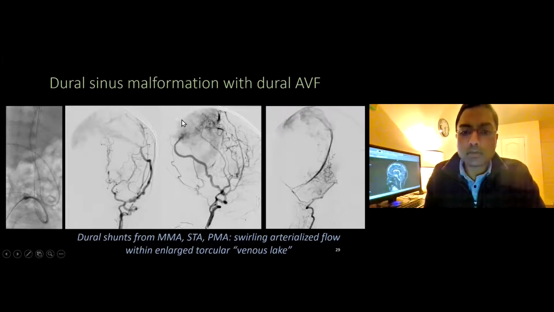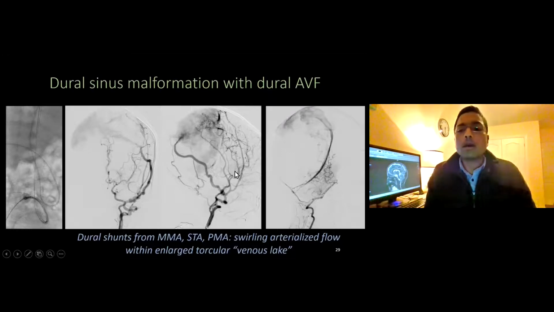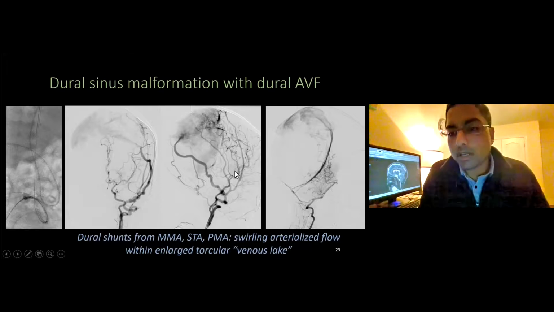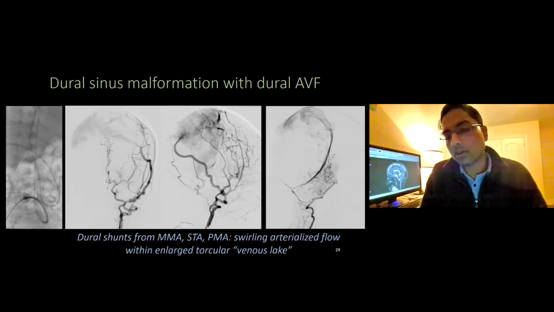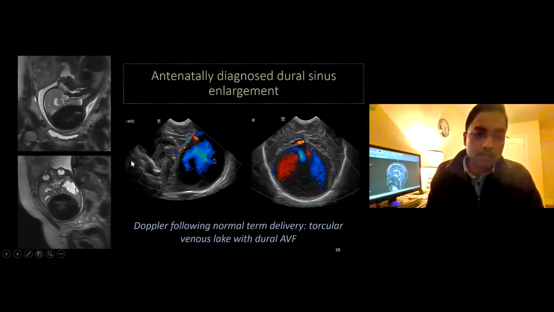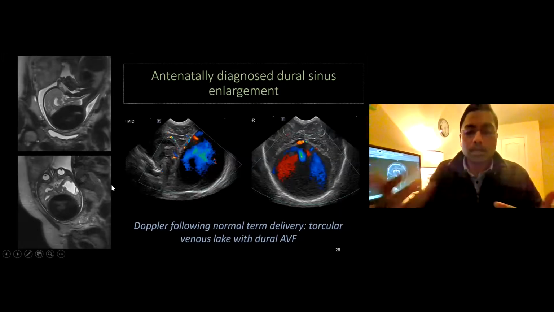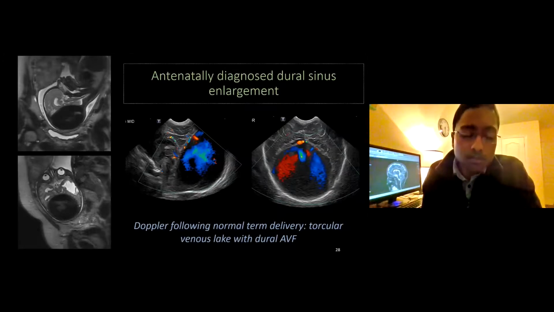And you can see the swirling of flow. There are multiple shunts. This is the posterior meningeal system. And what happens is now the brain is unable to drain because the brain needs this torcula, but the torcula is arterialized. So it sets up again venous hypertension, venous congestion, and you can see this baby already developed a venous infarct over here. And this is the natural history with venous hemorrhagic infarcts.